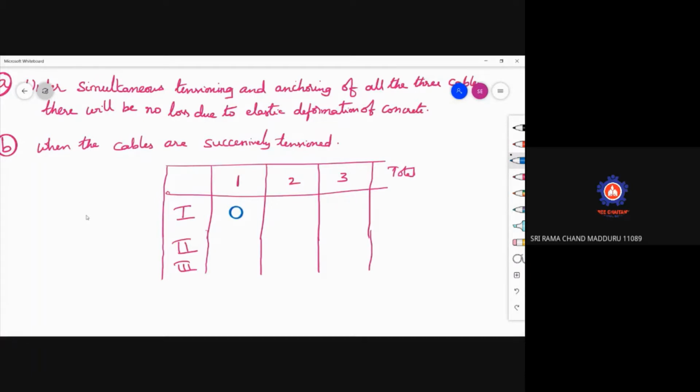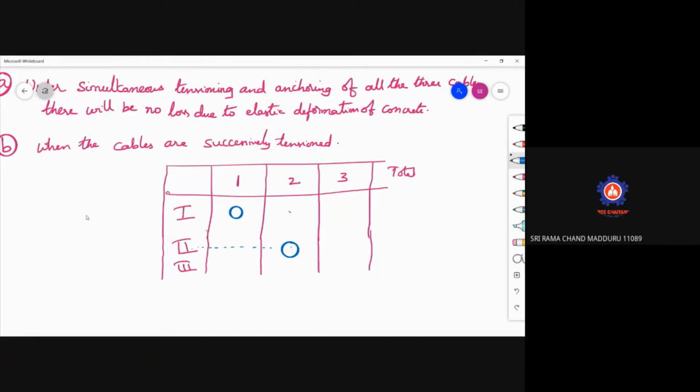Coming to the second step, I am stretching the second tendon. For the second tendon the loss is 0, but while doing the second tendon, this will create loss in the first tendon. This is very, very important.